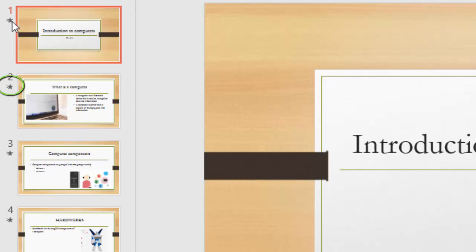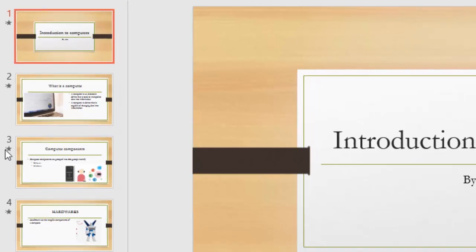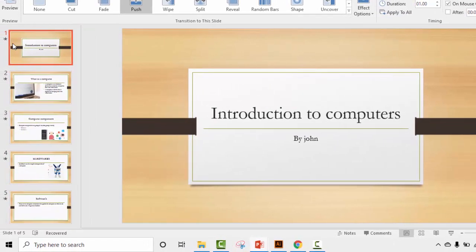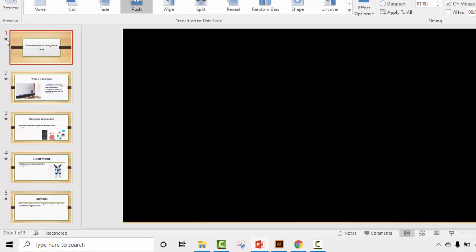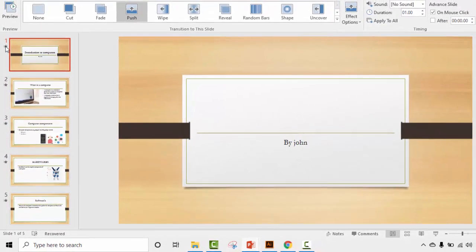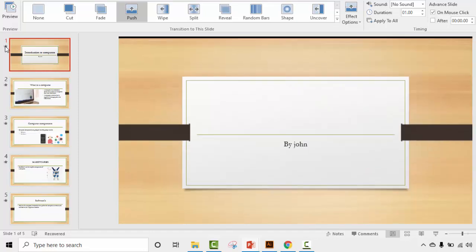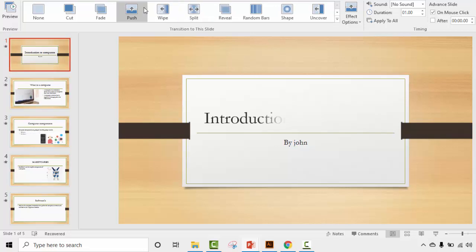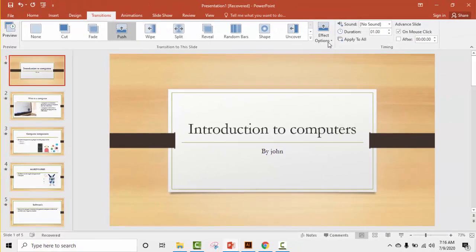The star will help you to know that you have either added an animation or a transition to that specific slide. And you can also click that star to play the animations and the transitions at the same time.